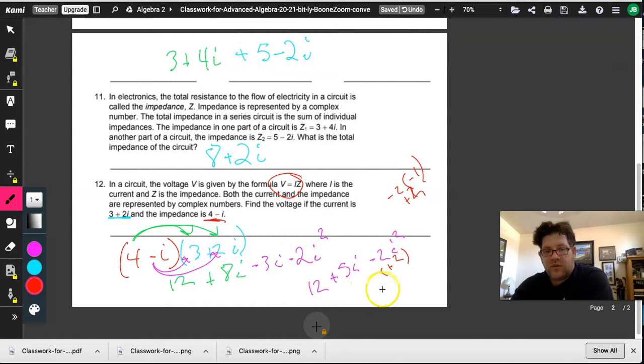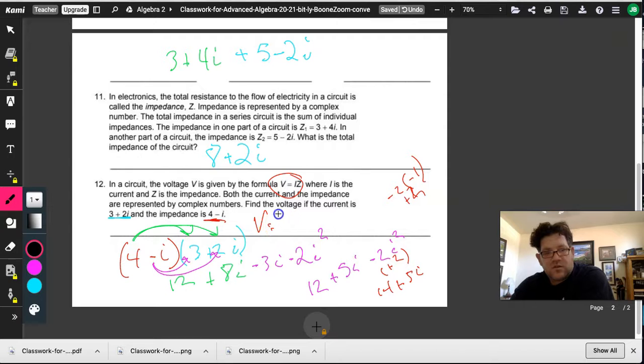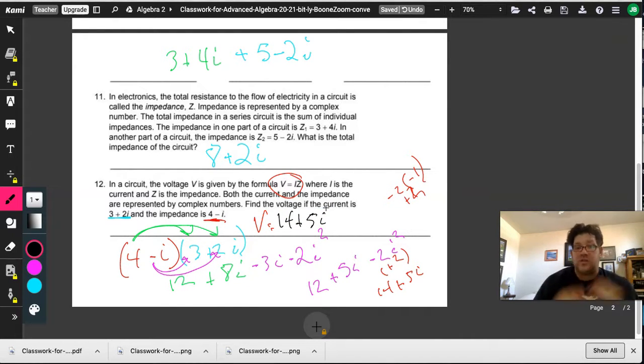So then we have 14 plus 5i. That is what they're asking for, our voltage. So V equals 14 plus 5i.